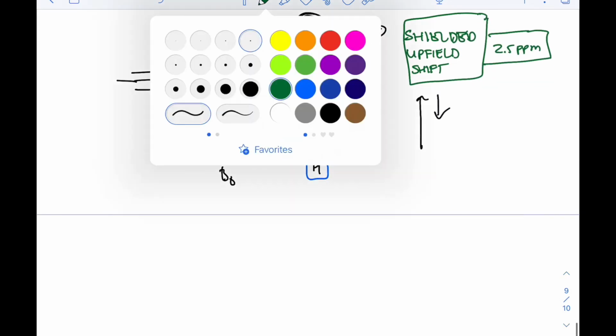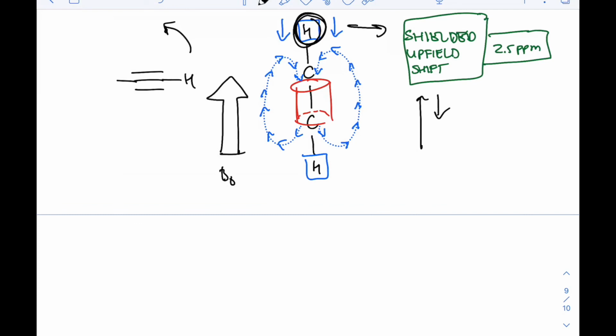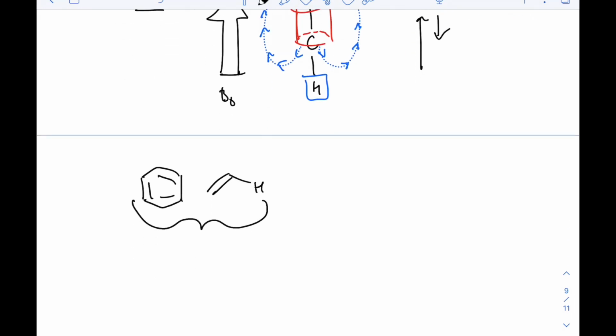And so, again, all we have here now is this guy and this guy. These guys are de-shielded. So it's a downfield shift.